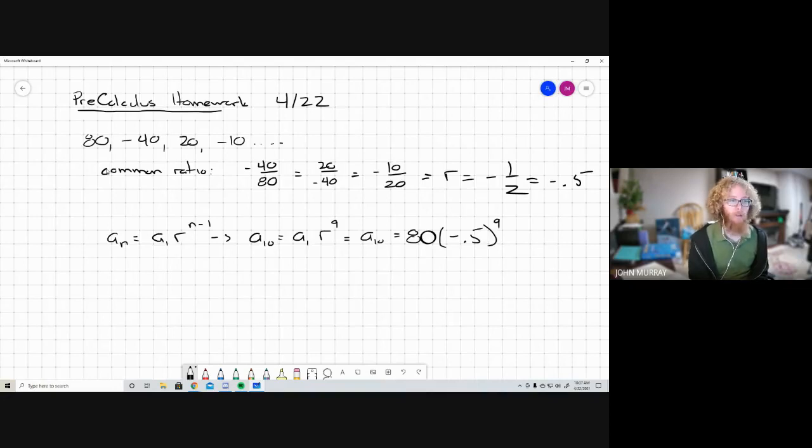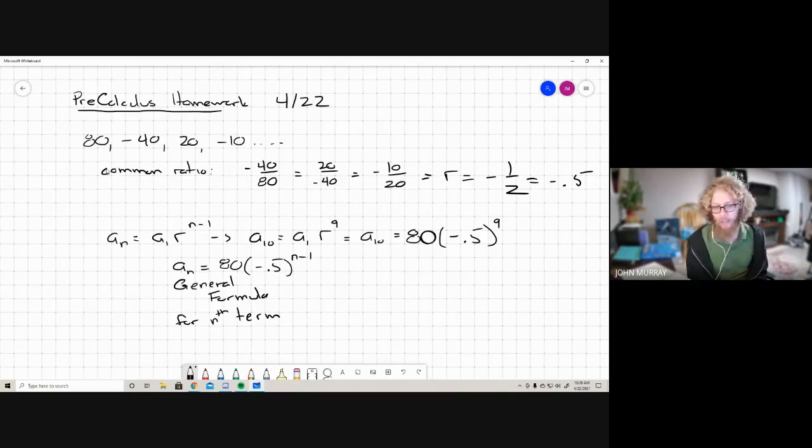Actually, I didn't ask you for this specifically, but from this, we can get the general formula for the nth term for any of them. And we would calculate this.